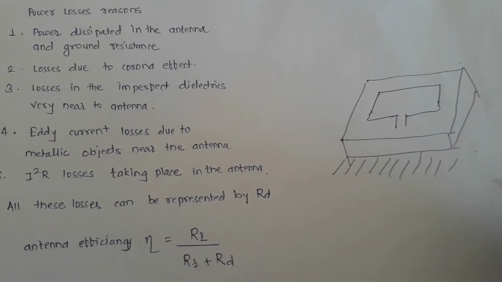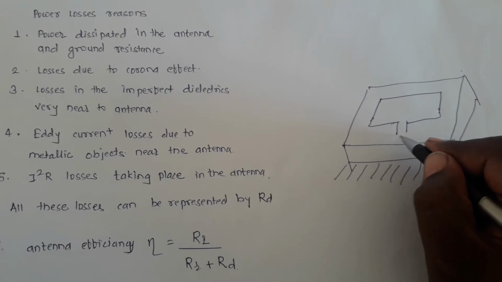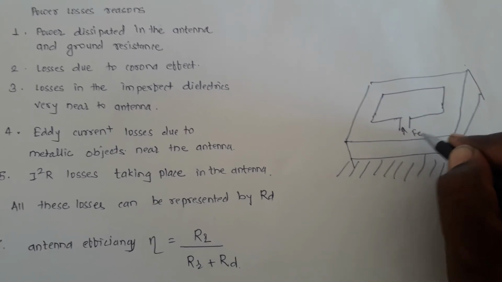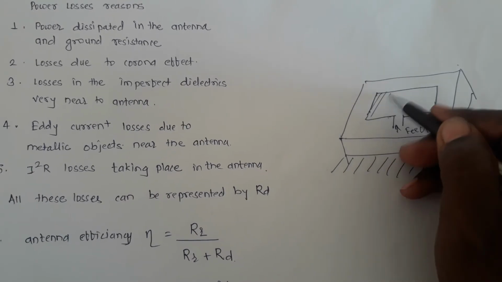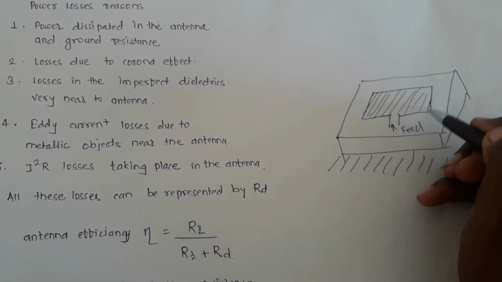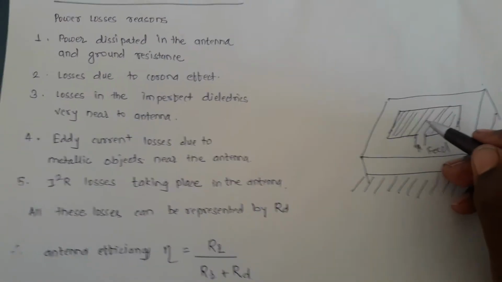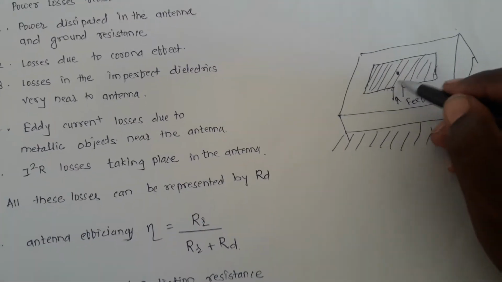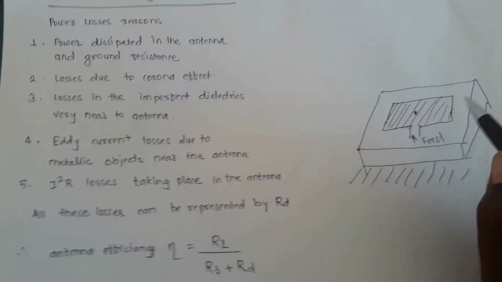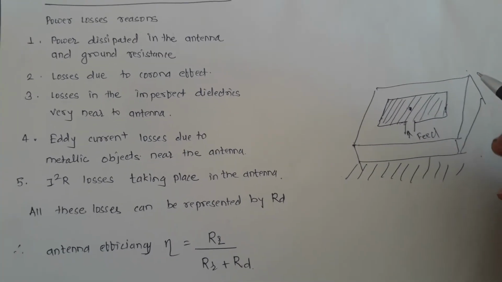So suppose this is your ground plane, and you are feeding input at this particular point of this patch antenna. Whatever power is dissipated within that metallic structure of the antenna will also create losses.